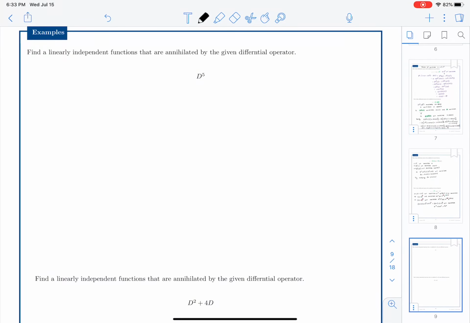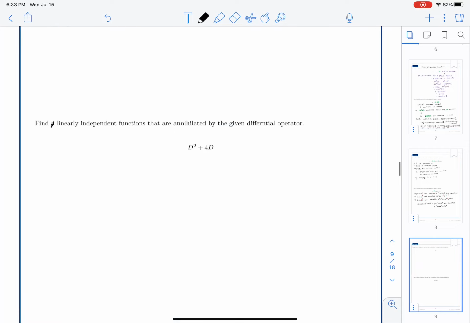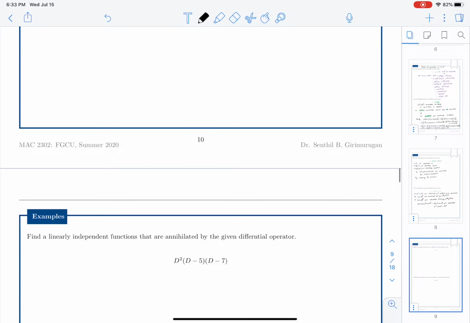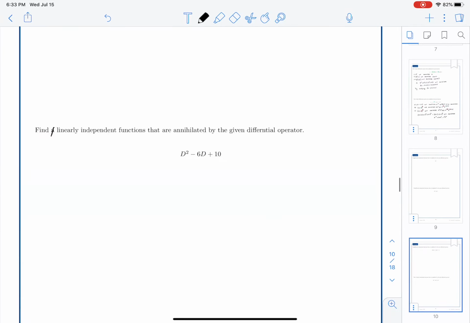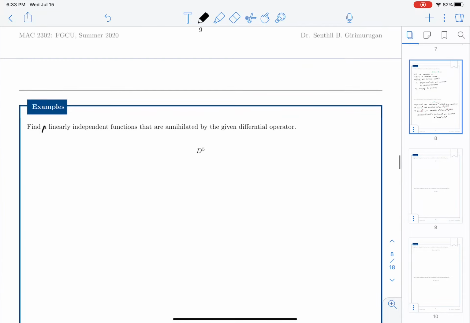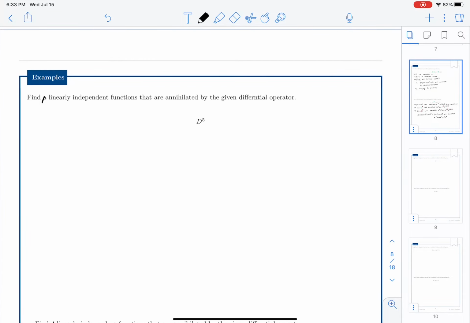So now we want to find linearly independent functions that are annihilated by the given differential operator. I spelled differential wrong. I noticed it earlier, but it's all right.